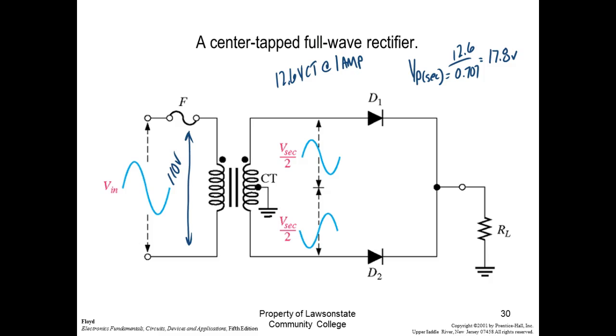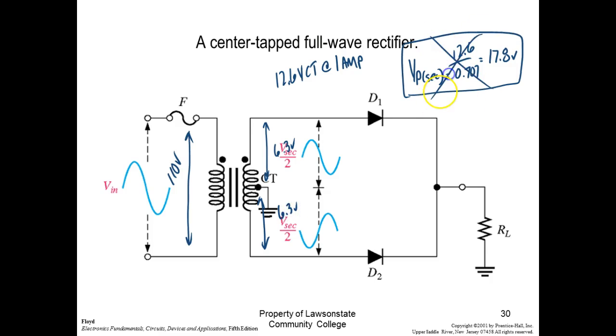But we're only using 1/2. So we got one or two options. What I need to understand is that we're not getting the full 12.6 volts. We're only getting what? I'm only across 1/2 of the, so only 1/2 of the transformer is working at a time. This is 6.3 volts. This is 6.3 volts.